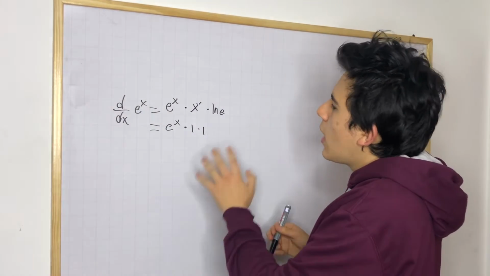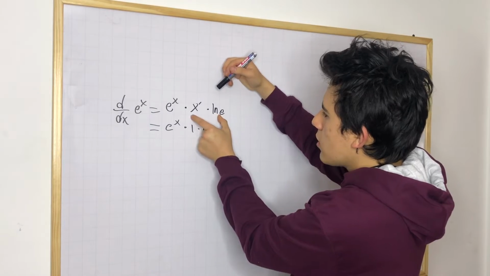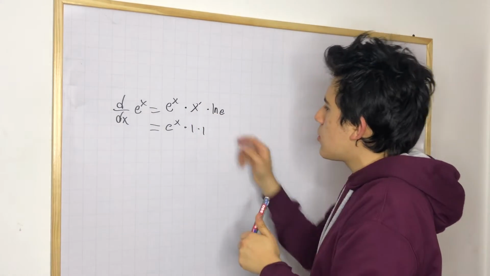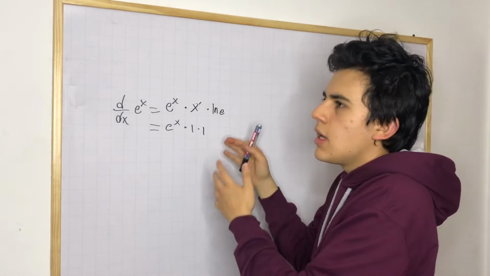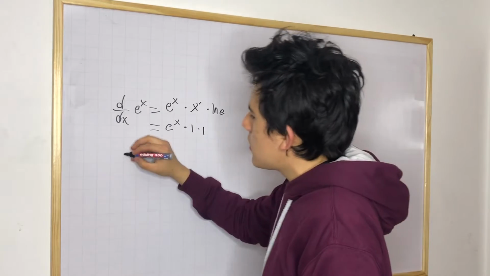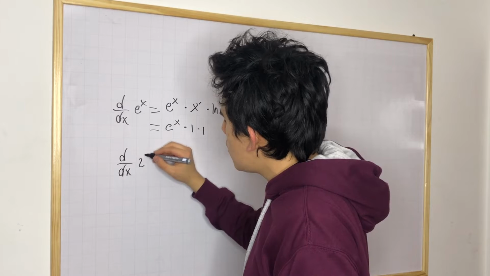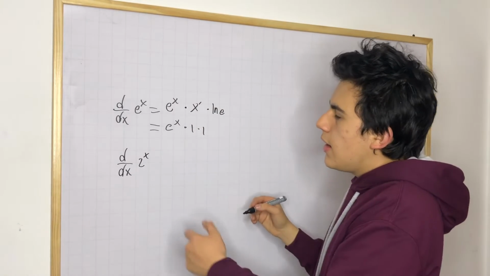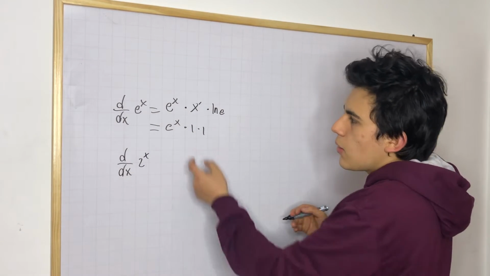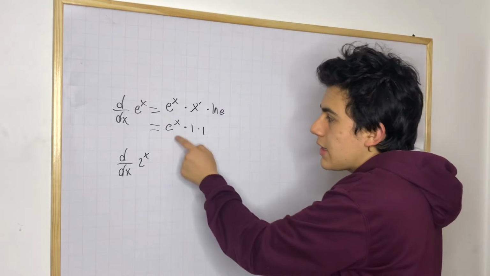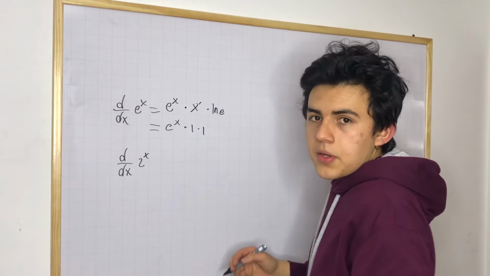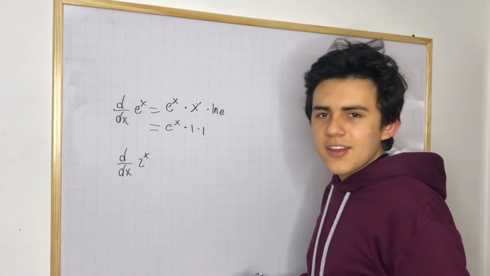But now, why am I showing you this part? Well, this is very important. You need to consider that when you have, for example, the derivative of, let's say, 2 to the x, how do you do this? In this case, it's the same idea as when you have e to the x. Remember that e at the end of the day is just simply 2.71 and a couple more numbers.